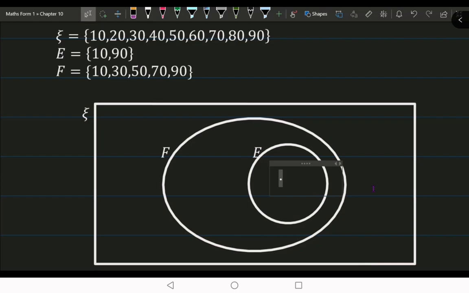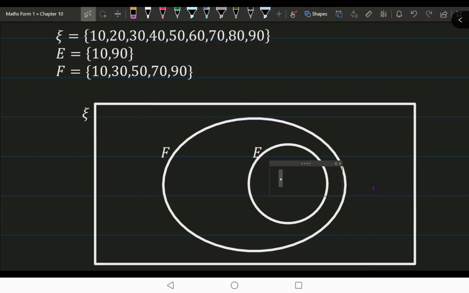OK, 30 belongs to F, so that means here in F. You need to understand you have a dot before the element. Don't forget, 30 is for F only.